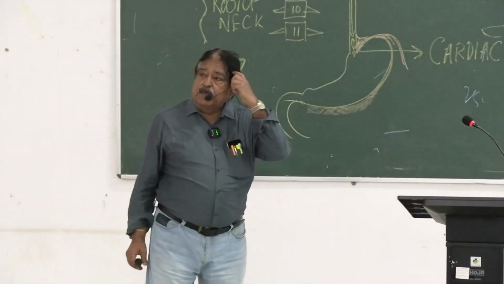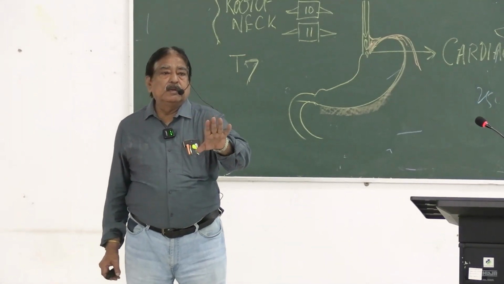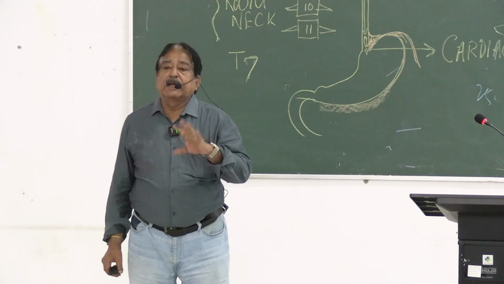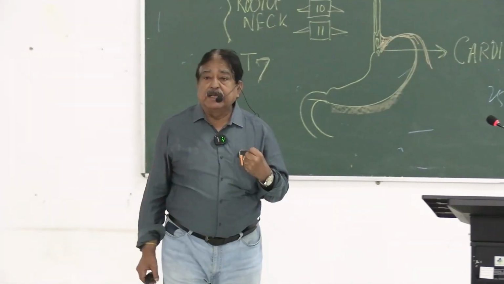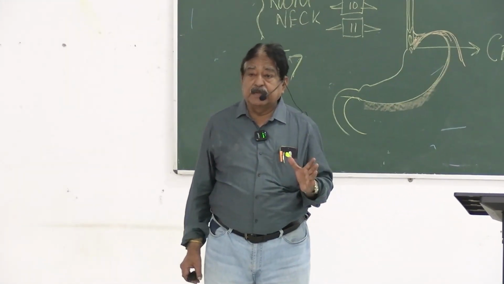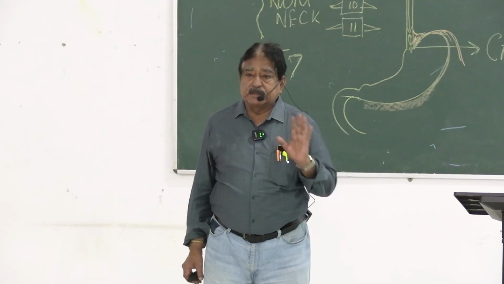But keep in mind that you have to do a cardiac checkup. Even if you diagnose clinically that she is suffering from acidity, you still advise, you have to do this.